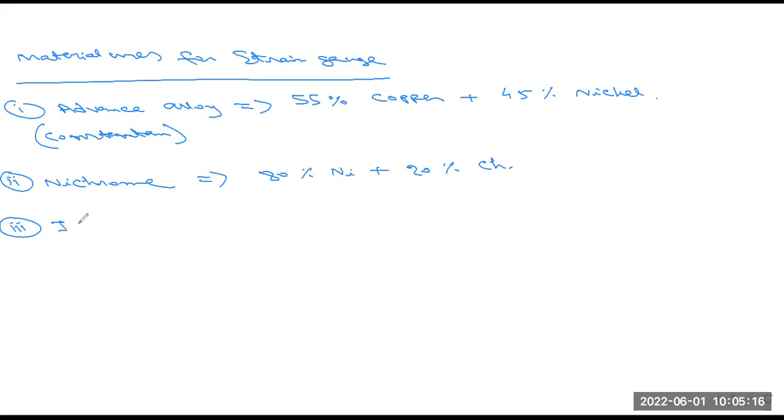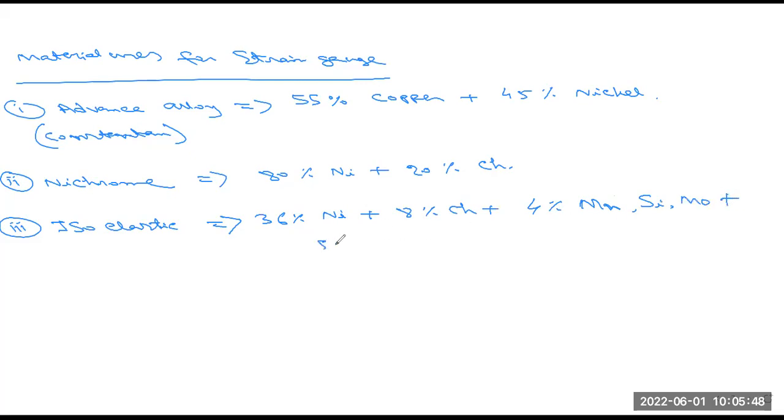Another one, iso-elastic type of material we have to use. Iso-elastic has 36% nickel, 8% chromium, 4% manganese, and silicon and molybdenum, and 52% is the iron.